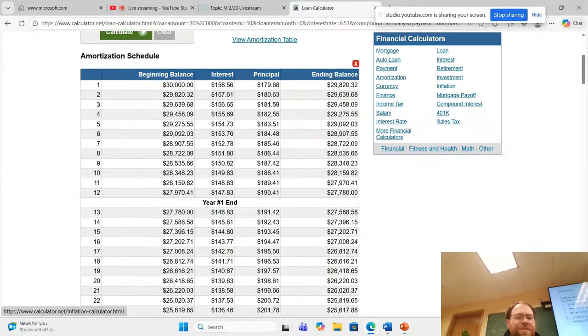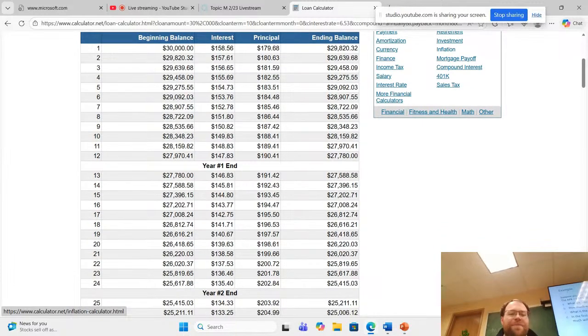But if you look at this over time, what happens to the interest as you keep paying? Starts at 158, then 157, then 156. So interest over time each month goes down, which means the amount that gets applied to your loan principal goes up.